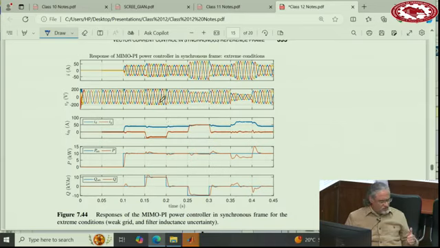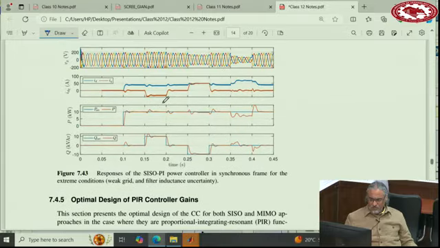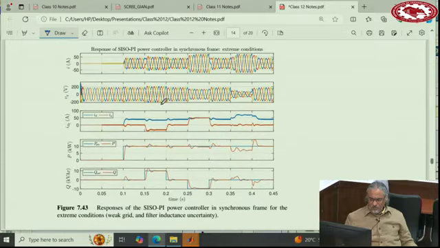And this is an extreme case where you have an impedance at the grid side and an increase in the impedance of the filter. And this is the CISO. You see, the system starts oscillating. More oscillations.